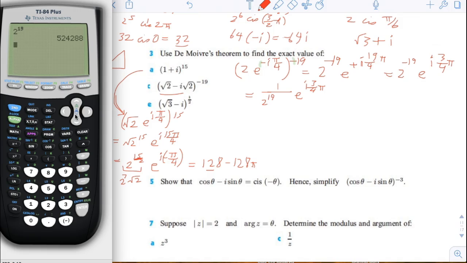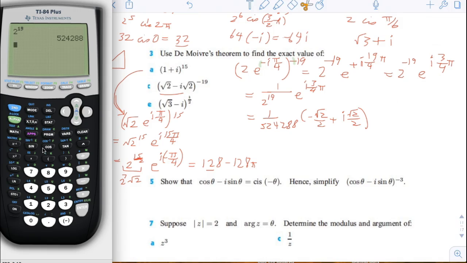Okay, so it's 1 over 524,288. And we could write it in a plus bi form. So 3/4 pi is an angle in that direction. So it would be negative square root of 2 over 2 plus i times square root of 2 over 2.